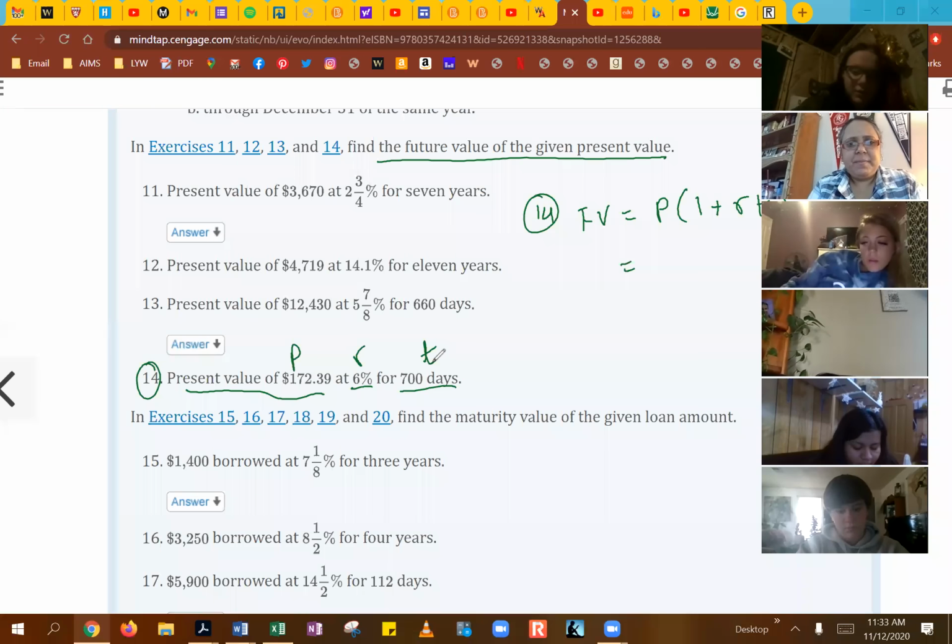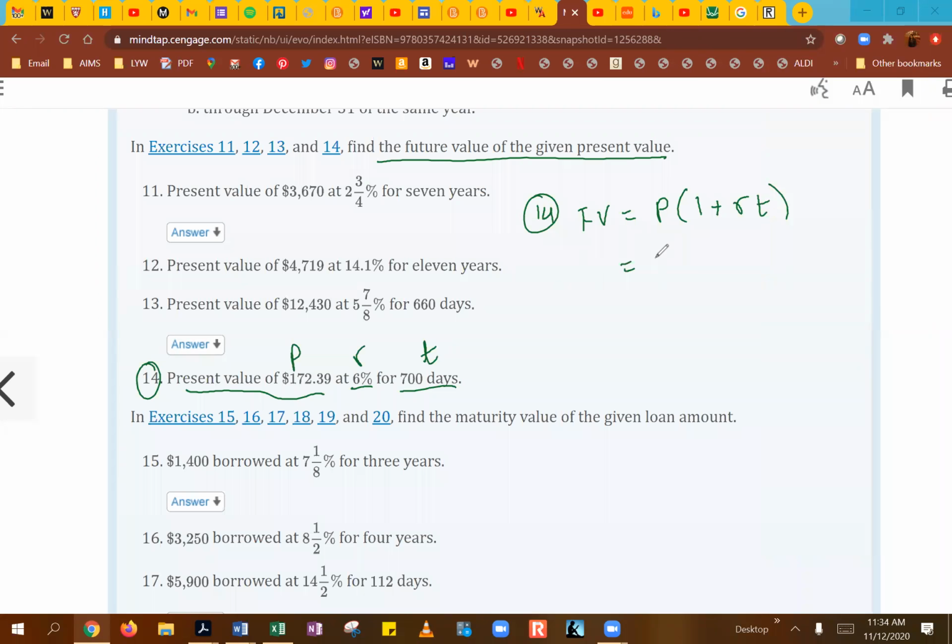Nobody has an answer? Okay, that definitely seems a lot better than that first answer, right? Okay, so let's take a look. Our dollar amount present value is 172.39, 1 plus our rate, which is actually going to be 0.06, and then you're multiplying that because our time is given to us in days.